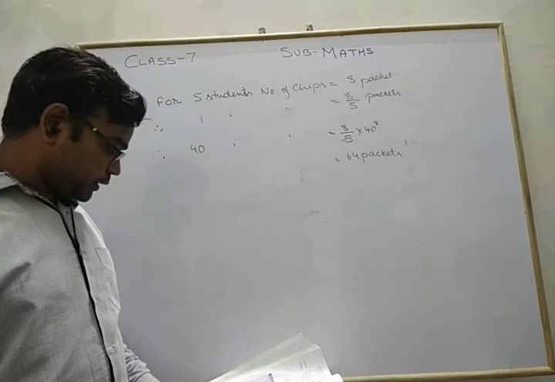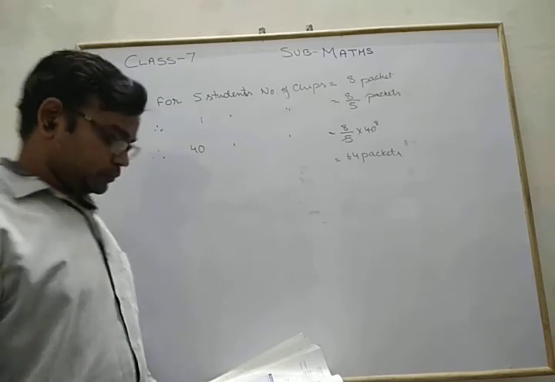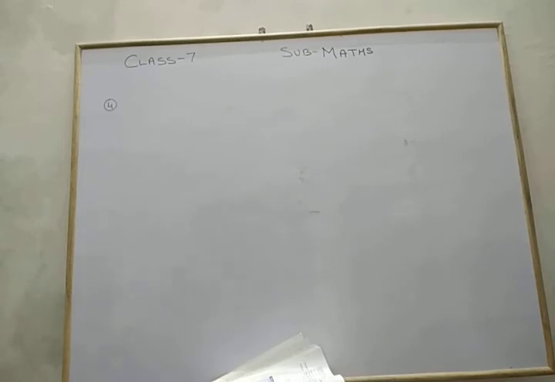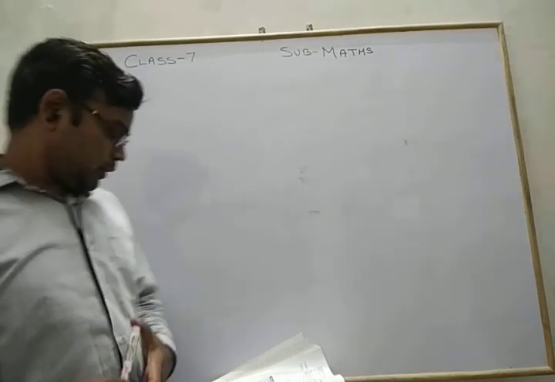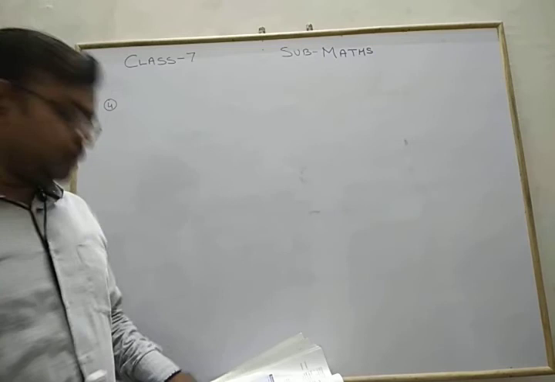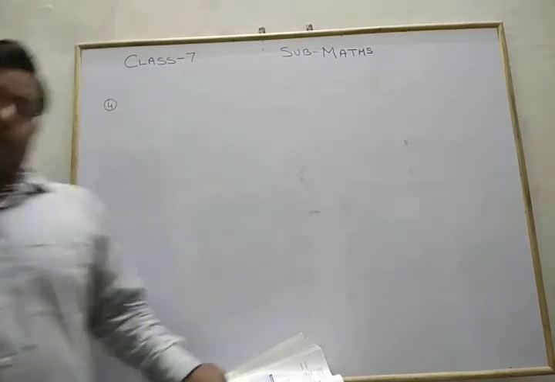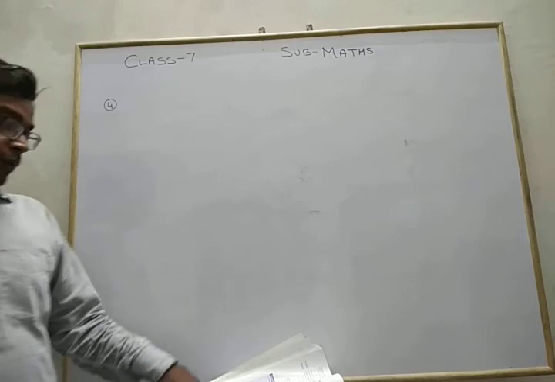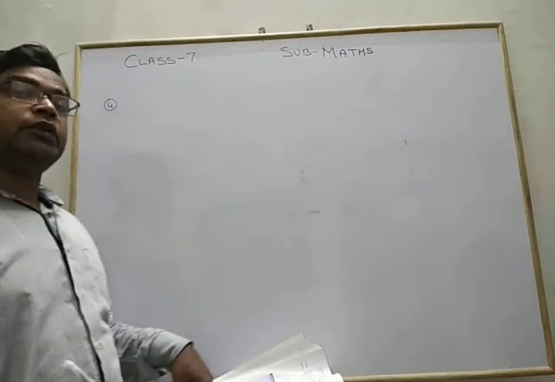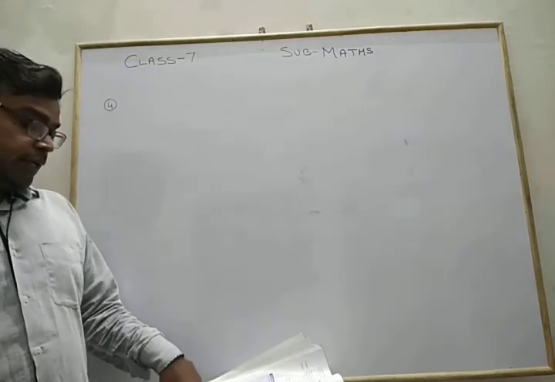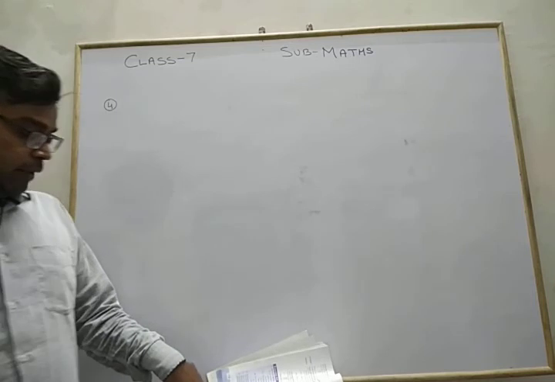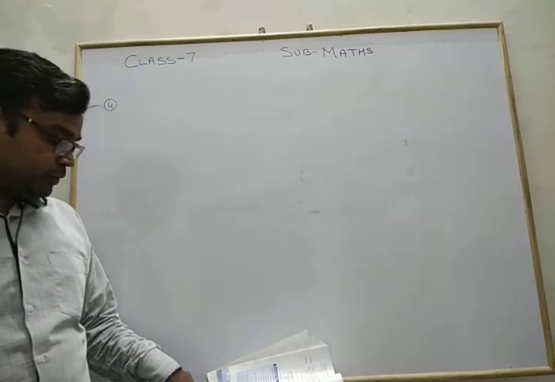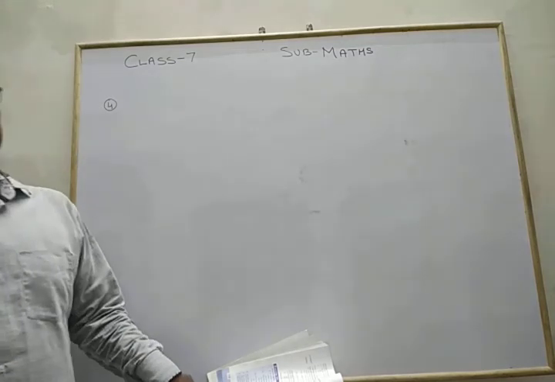Now we are going to discuss question number 4. In this question, it says that a person travels by car at a speed of 72 km per hour from Delhi to Chandigarh in 10 hours. What should be the average speed of the car so that the person can complete the journey in 8 hours?